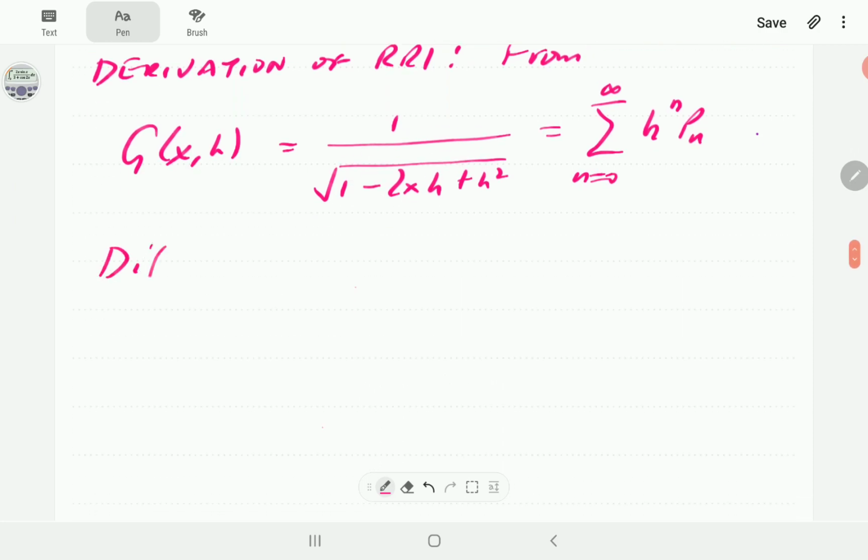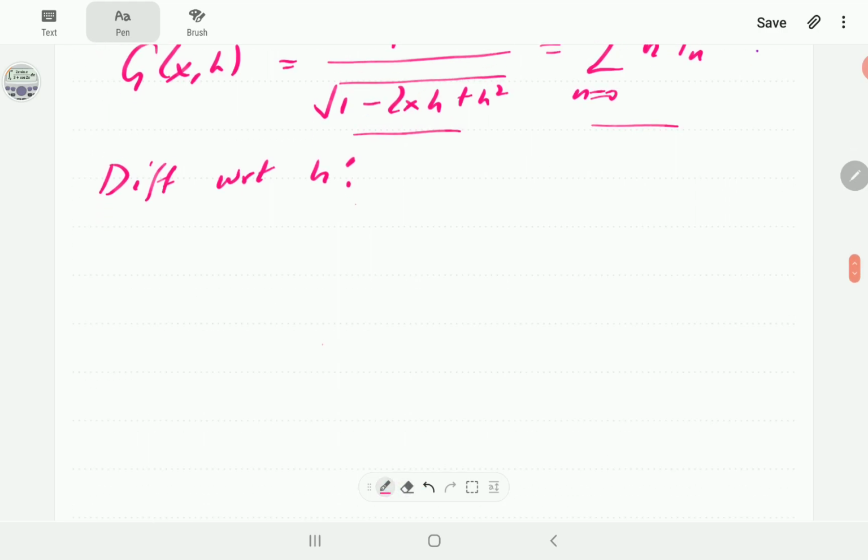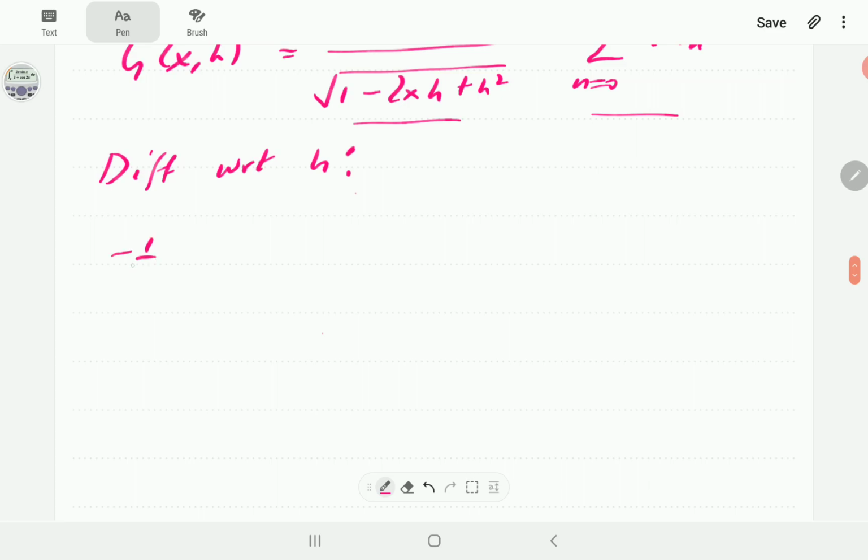So what we want to do here is we are going to differentiate partially with respect to h. We're just going to work with these two here. So the derivative of this with respect to h is going to be minus 1/2.